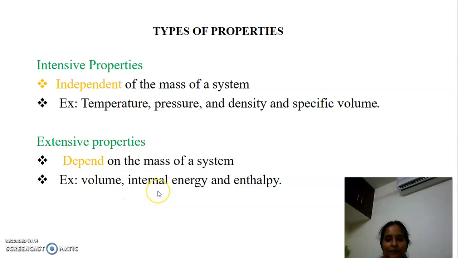If more substance is there, then more internal energy would be there, right? If two persons are there, the internal energy would be more than for a single person, right? So if the property changes depending upon the mass of the system, then it is called an extensive property.